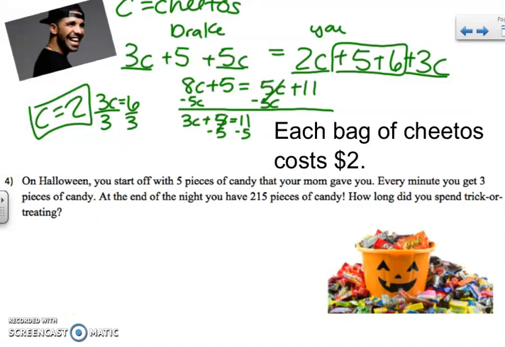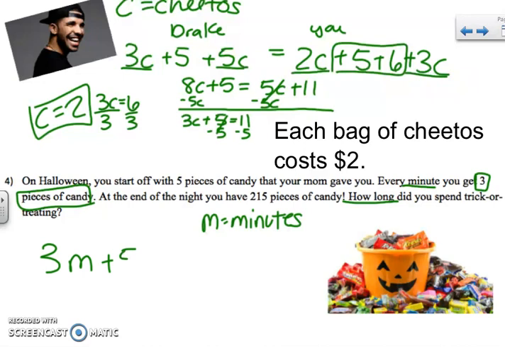Alright, you should have gotten, the question was how long. So in this case, M is going to be minutes, because it says every minute you get 3 pieces of candy. So you should have said 3M plus your original 5 equals 215.